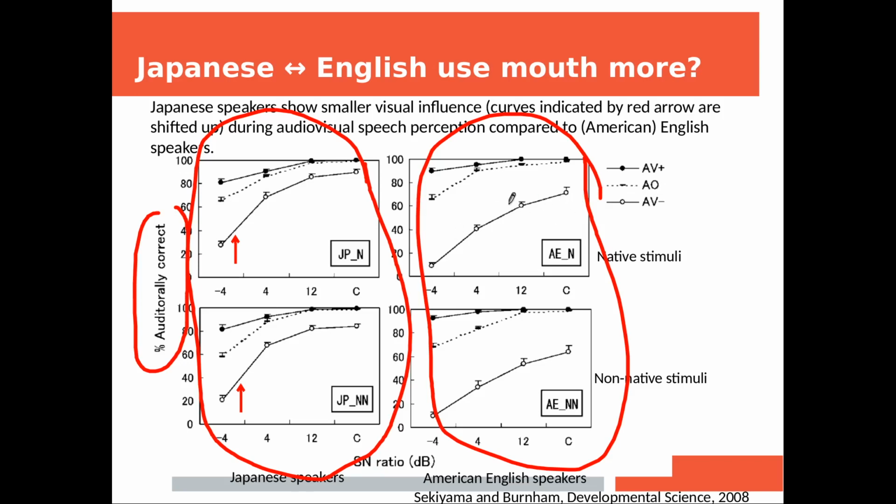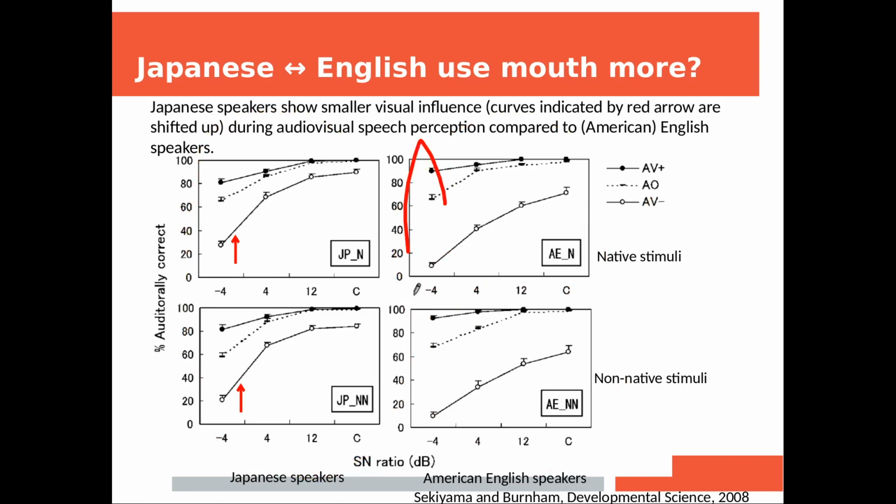This white dot one is AV minus. This means it's just the sound, no video, right? And of course, they put some noise. So as you decrease the amount of noise, you increase the clarity of the signal. So this is a very noisy situation. This is a very clear situation.